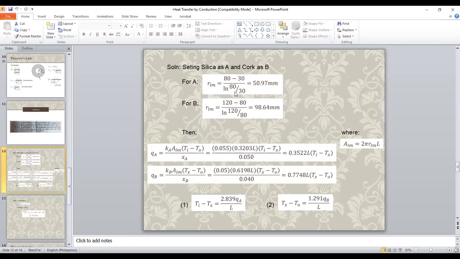So you may wonder why it's 80 minus 30. Take note that silica is A. So let's go back to our problem to see why it's 80 minus 30. By the way, class, if you see an 80 minus 30 in the numerator, automatically in the denominator you will also see such values, so you will have ln of 80 divided by 30. So the question is, why did we have the 80 and the 30 there?